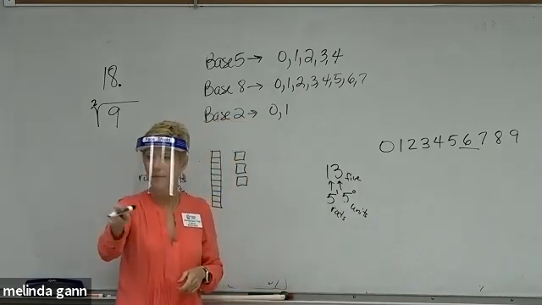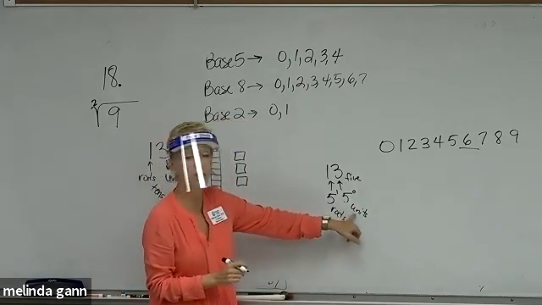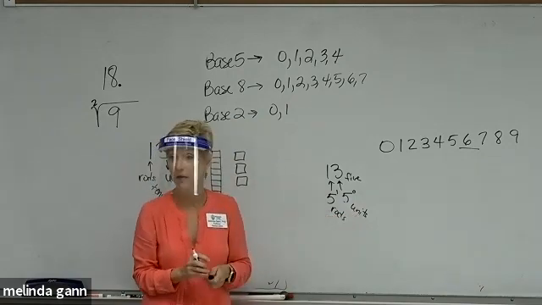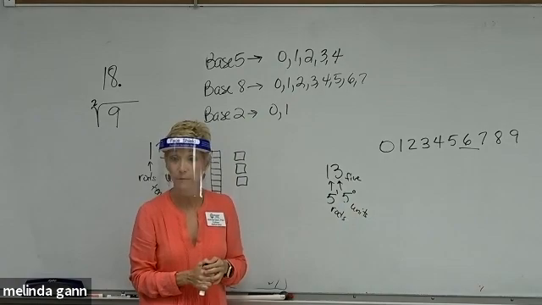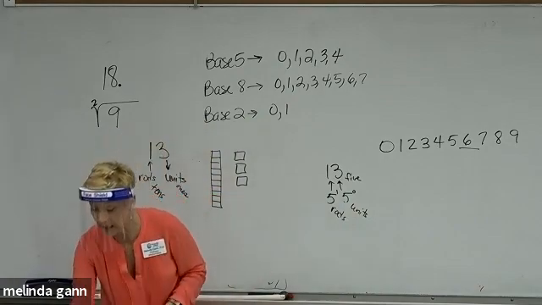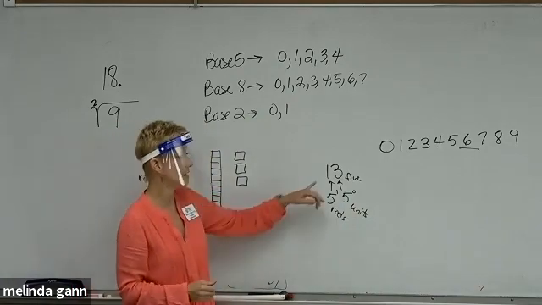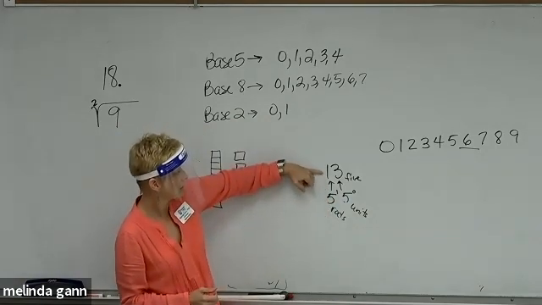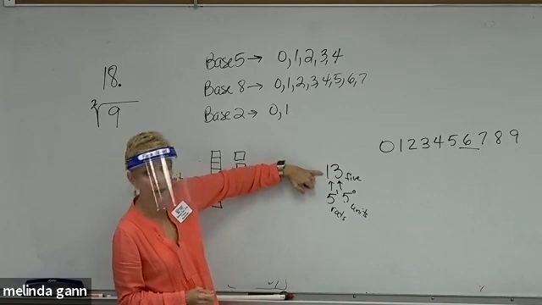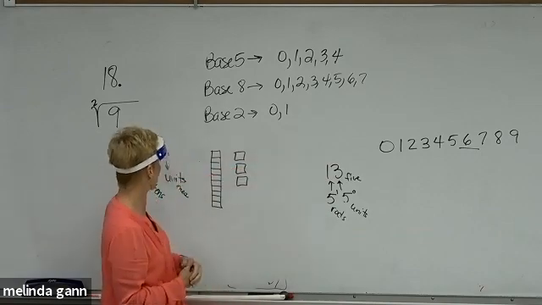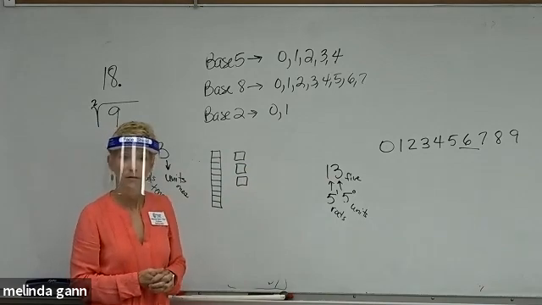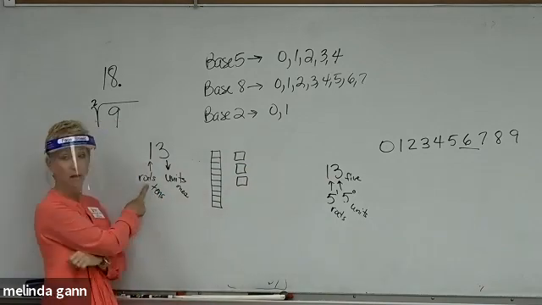So take your manipulatives. How many little units? Your little squares. Everybody with me? How many little squares do you need? 3, don't you? All right. How many rods do you need? 1. Why are we saying 1? Did I need 2 rods over here?